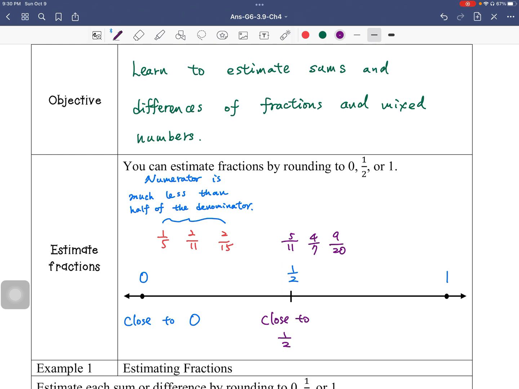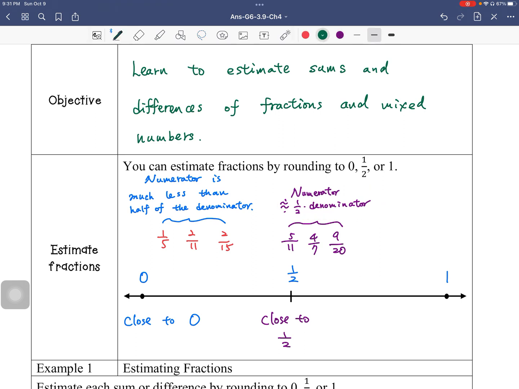For these, the numerator is around half of the denominator. So when the numerator is around half of the denominator, we say it's 1/2.